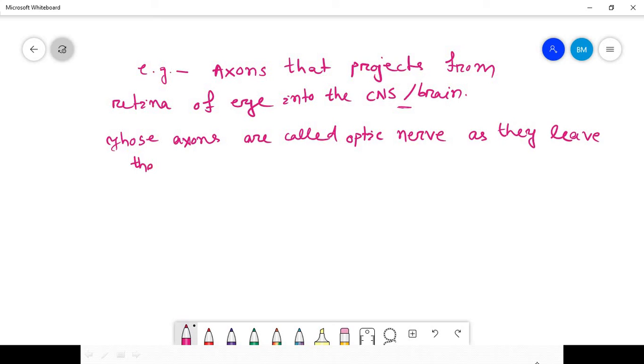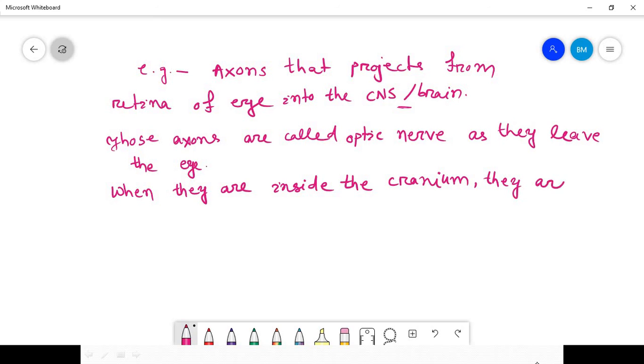When they are inside the cranium, they are referred to as optic tract.